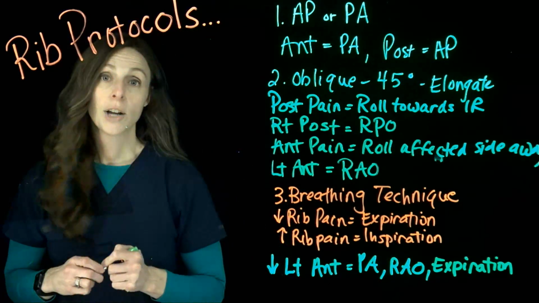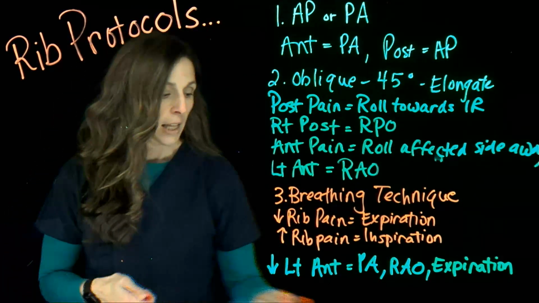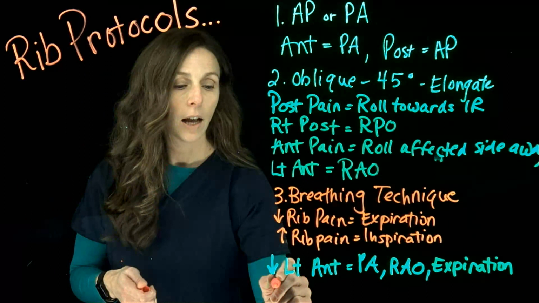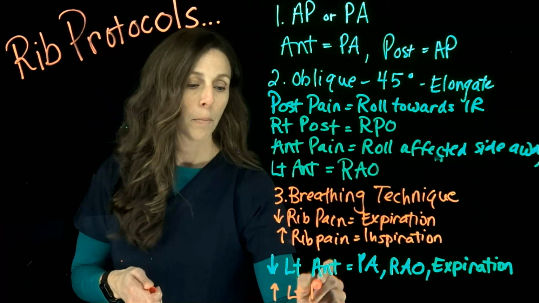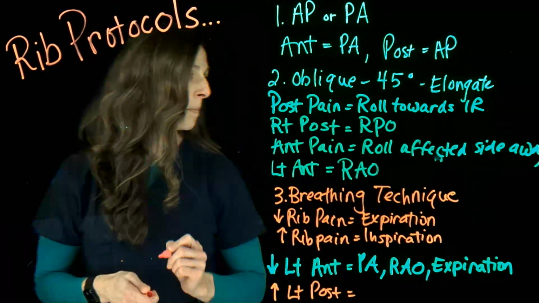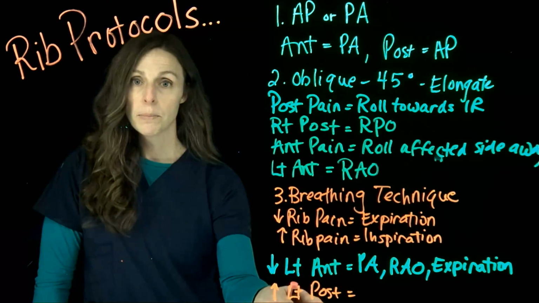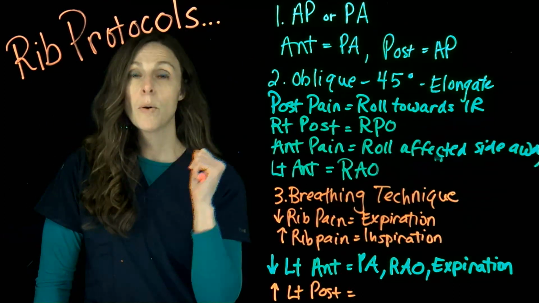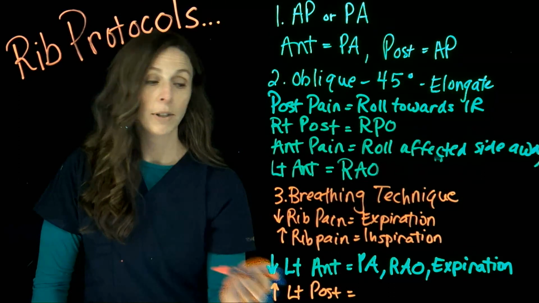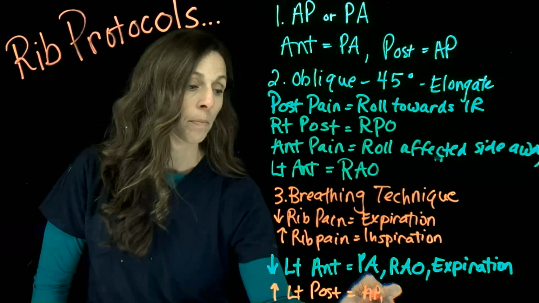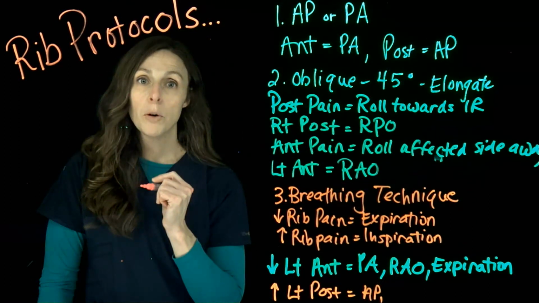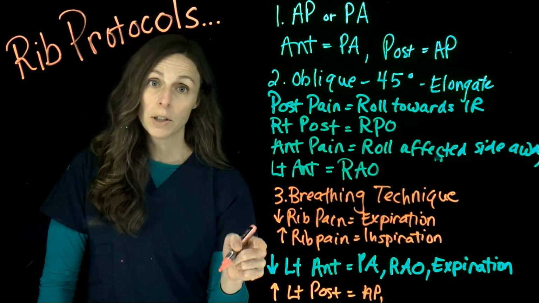Okay, let's try another one. Let's say my patient has upper left posterior pain. Okay, posterior pain for my first picture, I know I want posterior side against the image receptor. I'm going to do an AP. Now I need to figure out my oblique. Well, it's posterior pain.